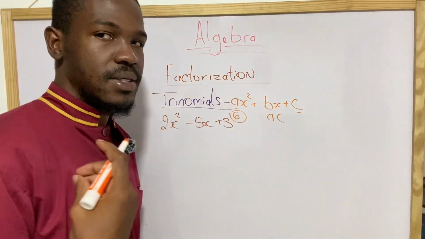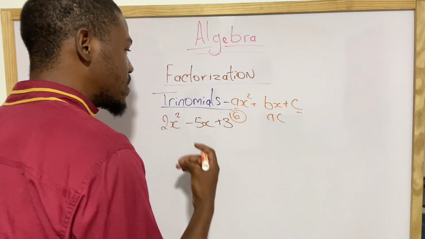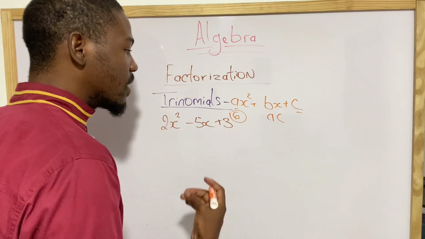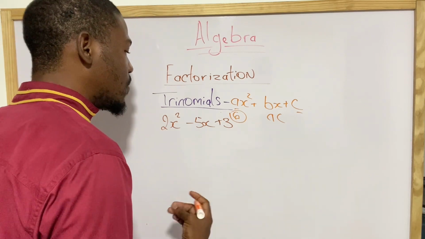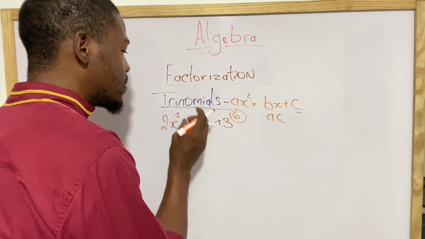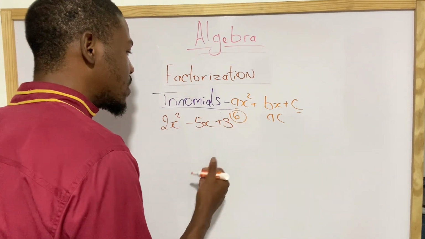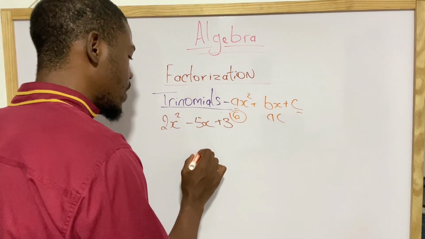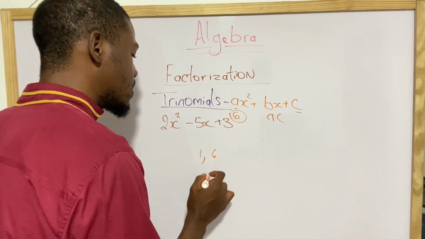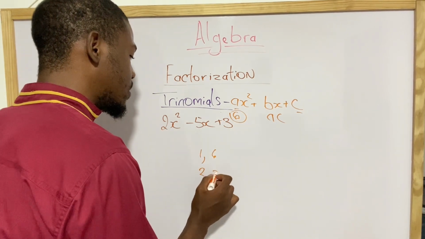Again, what's my next step? My next step is to find two numbers which are factors of 6 that when added or subtracted give me negative 5x. In listing out the factors of 6, we have 1 and 6, and we also have 2 and 3.